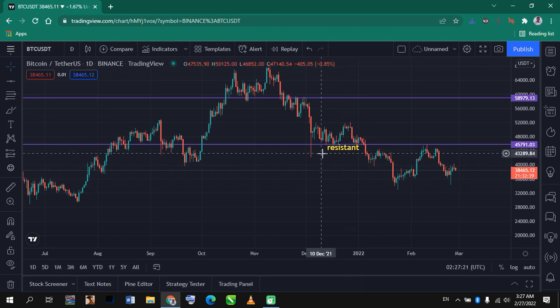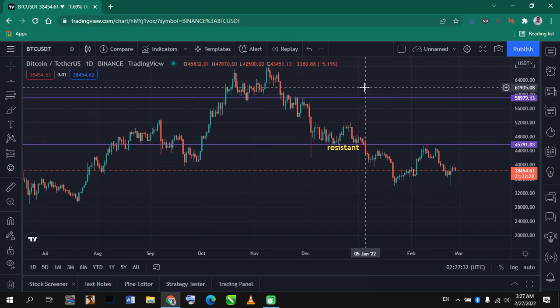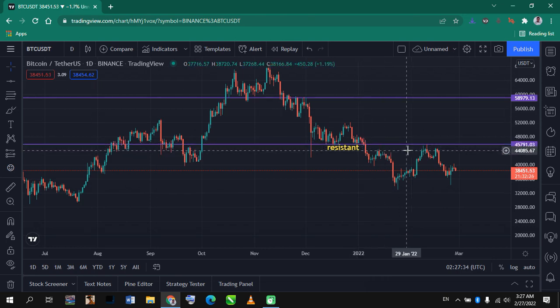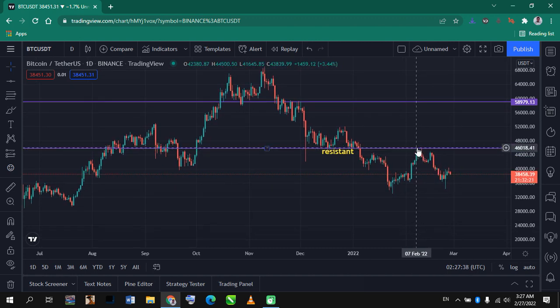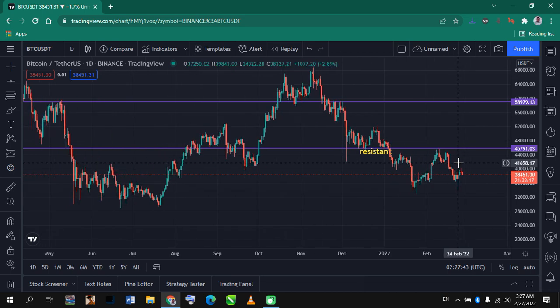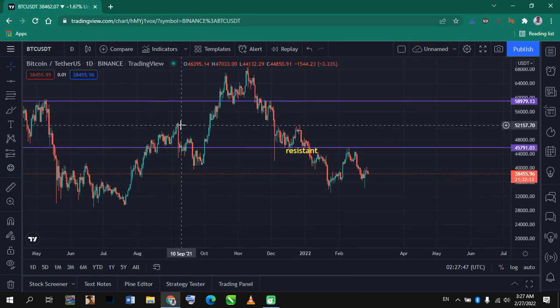Taking a look at this now, we can see that the former support level at around these levels now becomes our resistance level, meaning that it resists the price from moving back upward. Immediately the price action touches the level here, it comes down, now creating a form of head and shoulders pattern.